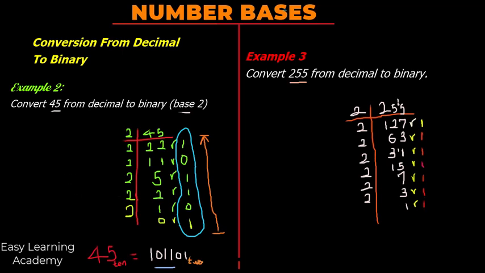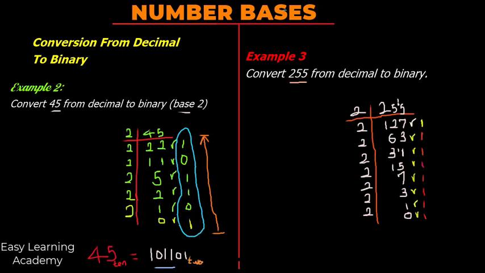And finally, let's take the last one. 2 goes into 1. Can it? No, it cannot. So we have 0 here. But that one is still left, and that will be the remainder, and the remainder will be 1. It's completed.